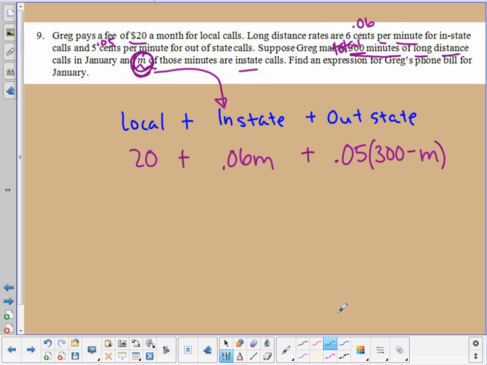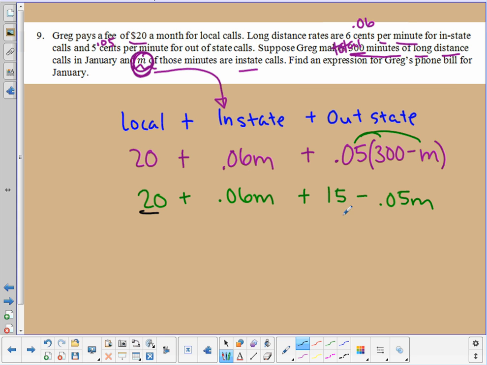Now I need to go back and actually simplify it. So I see some distribution that I have to take care of here. That 20 bucks is still a flat rate. 0.06M, I can't do anything with that yet. Then the 0.05 times 300 gives me 15, and 0.05 times negative M is negative 0.05M. So I've simplified that distribution. Now I've got to put my like terms together.